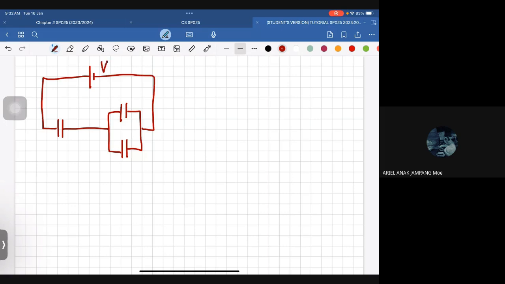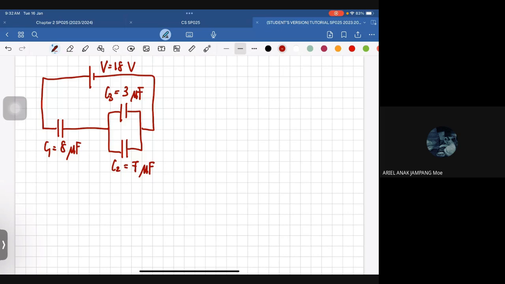Okay, so this is 18 volt. This is C1, which is 8 microfarad. This is C2, 7 microfarad. And then we have C3, which is 3 microfarad. Okay. Lepas tu sekarang ni dia suruh cari potential difference across capacitor 1.